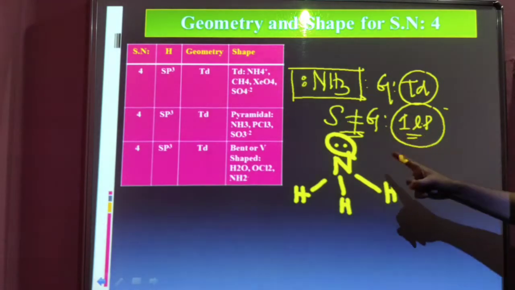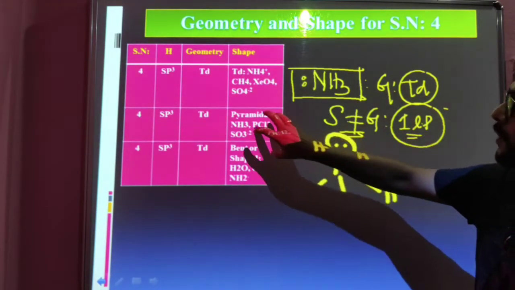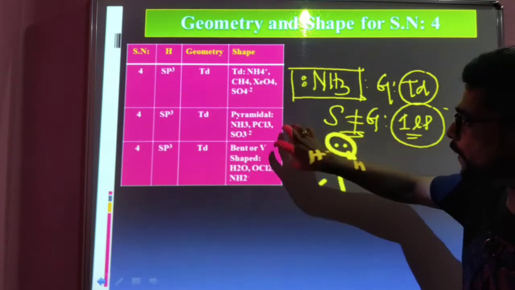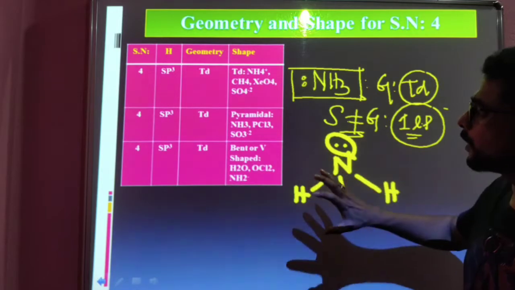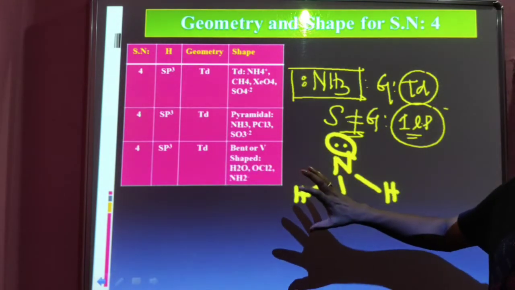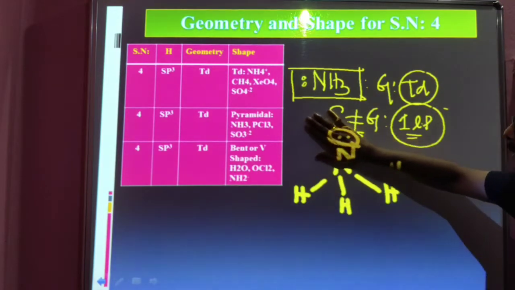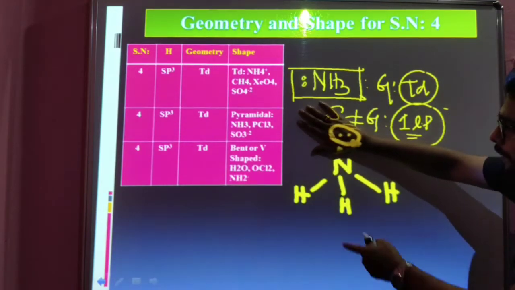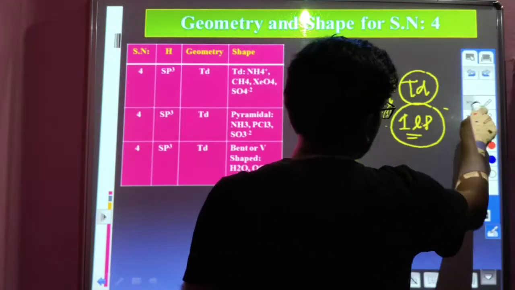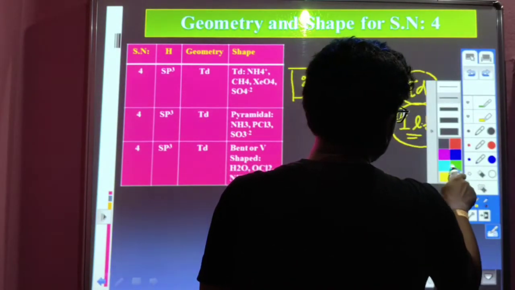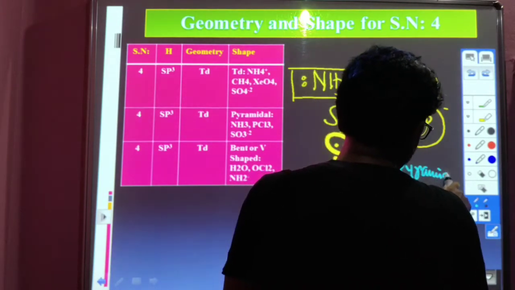See, because of lone pair, the distortion arises. Regular geometry becomes irregular. But while looking at the shape, we should not bother about this lone pair. So how does this one look? It is basically pyramidal.